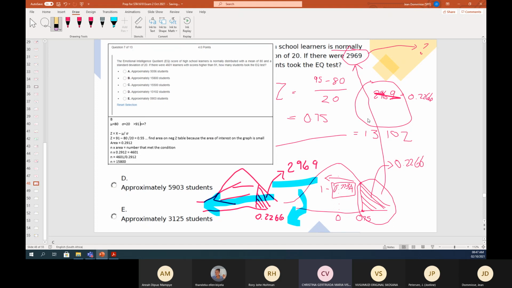I think what's weird with this question is that they're basically asking for n, and normally when we calculate z, n doesn't really feature. N never featured previously in these kinds of things.